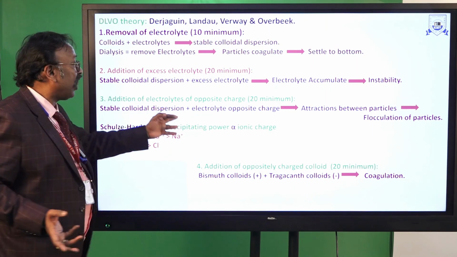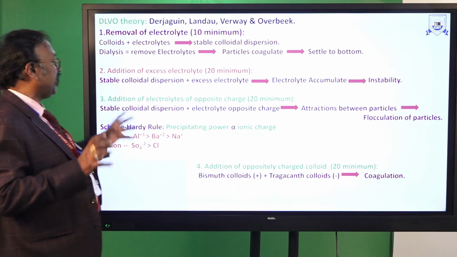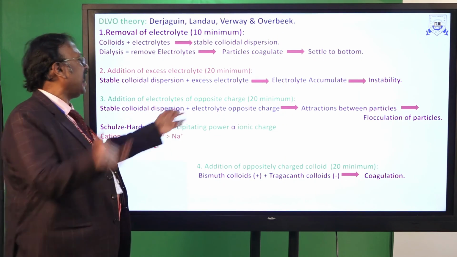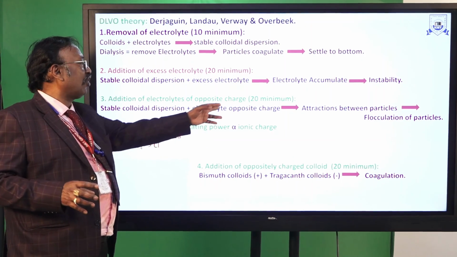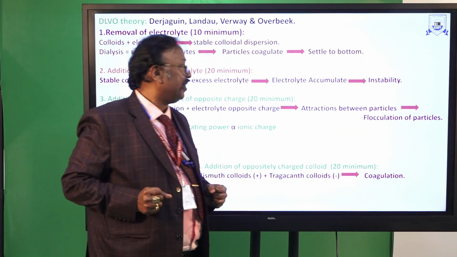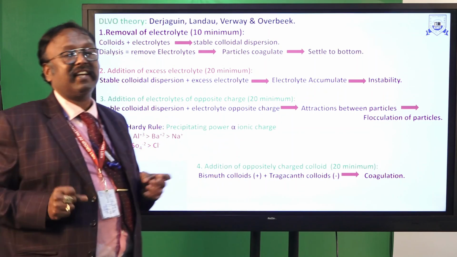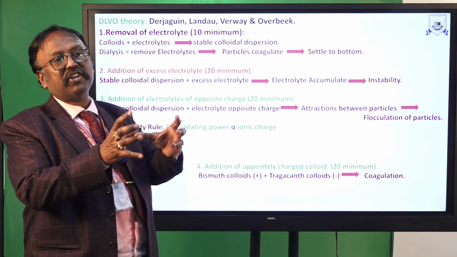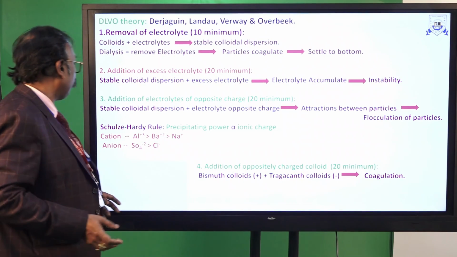And addition of oppositely charged electrolyte: suppose a stable colloidal dispersion is there. If you add an extra amount of oppositely charged electrolyte, what happens? Attraction between the particles and flocculation of particles will take place. Once flocculation of particles occurs, a stability problem will be there.